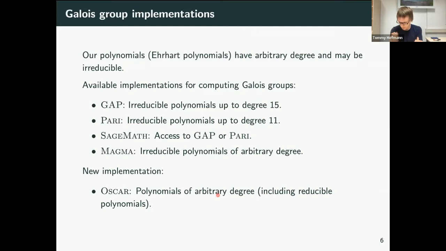And it's available in the new computer algebra system OSCAR. And since this is a bit about software, I will use the rest of the time to talk a bit about OSCAR, how it looks like in action, and let's say a few things we found out about Ehrhart polynomials in their Galois groups.